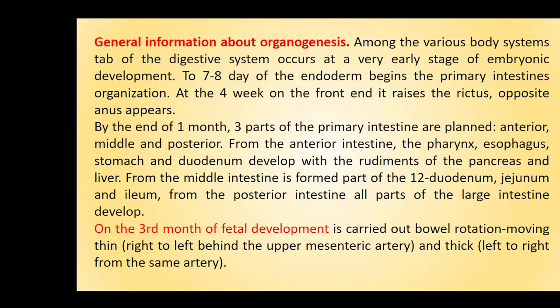In the 3rd month of fetal development, bowel rotation is carried out, moving from right to left behind the upper mesenteric artery and from left to right from the same artery.